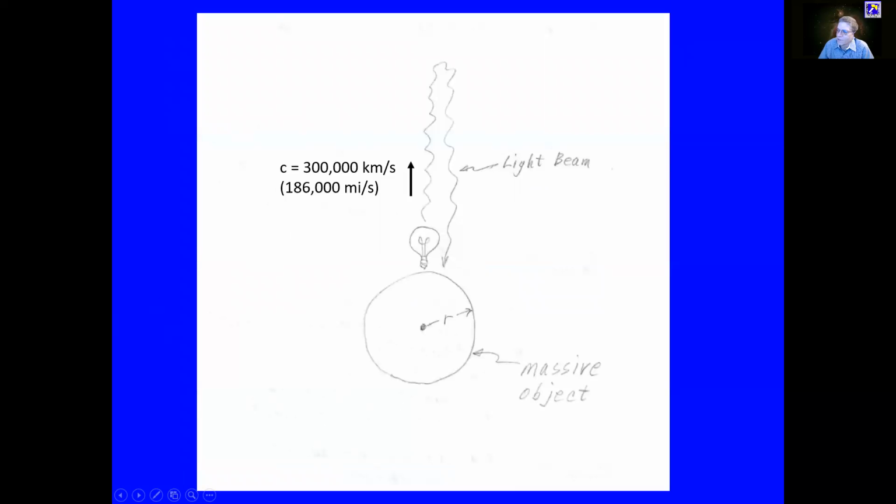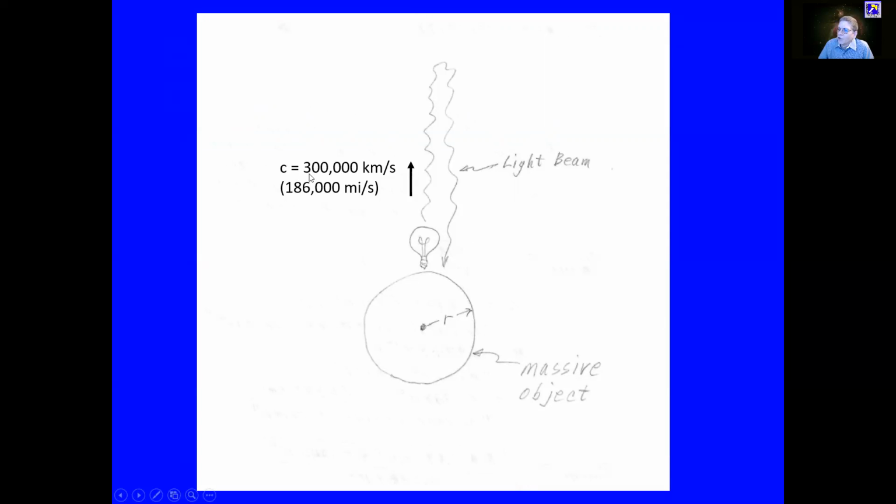Now let's take a look at it from the aspect of, let's say we know the velocity that we're going to be leaving the surface of a planet or an object. Let's say the velocity that we're talking about, instead of 7 miles per second like it would be for Earth, or 37 miles per second like it would be for Jupiter, or even higher for the sun.